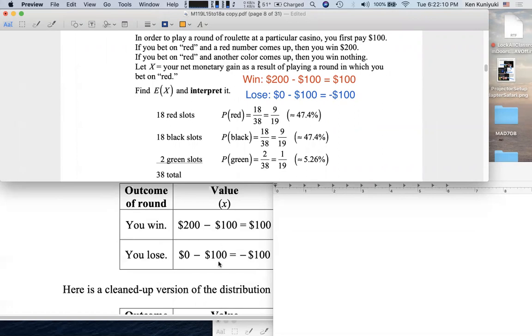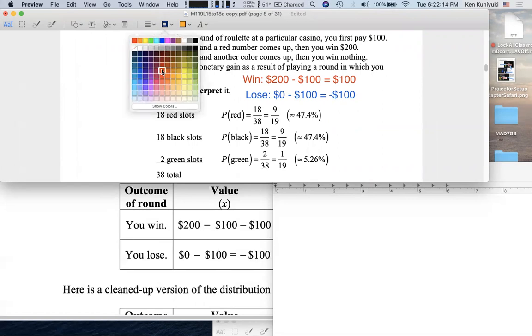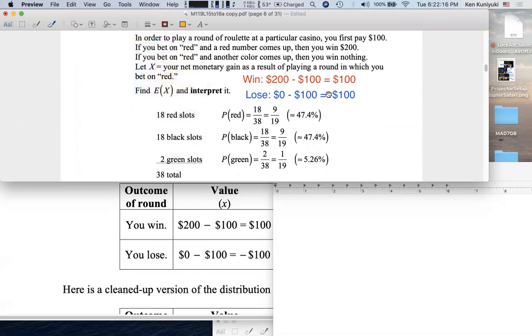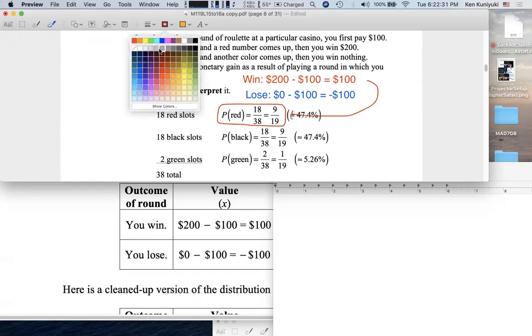And what are the corresponding probabilities? Well, you win if the roulette wheel comes up red. The probability of that happening is this over here, 9/19, or about 47.4%. Now, what's the probability that you lose?